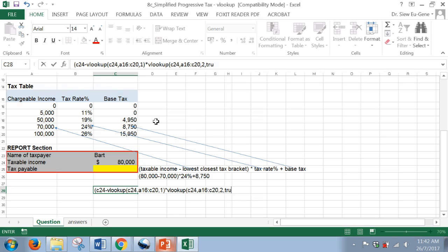Right, you can put true, or you can leave it optional. Add with the base tax. So we are now going to the third part, which is using VLOOKUP to get the base tax. So it's VLOOKUP C24, the table location A16 to C20, returns the third column, and is approximate matching.